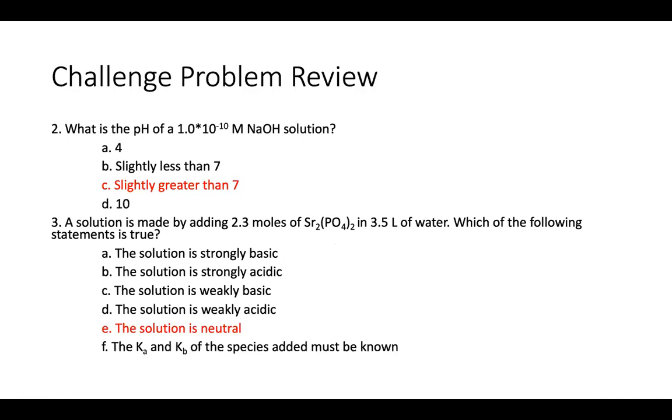That leads you to say it's neutral, right? It's not a weak base. Weak bases we typically see nitrogen involved with. Yes, there are other ones, but if they just throw at you some really random salt and ask a question like this, what's the solution in terms of acidity or basicity? They're just trying to throw you off. It's salt. Your solution's neutral.